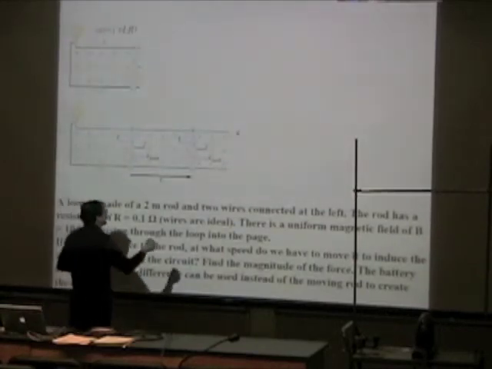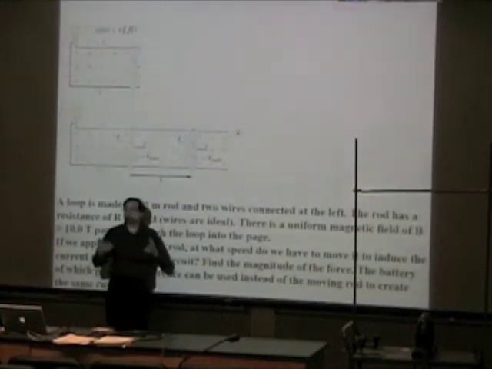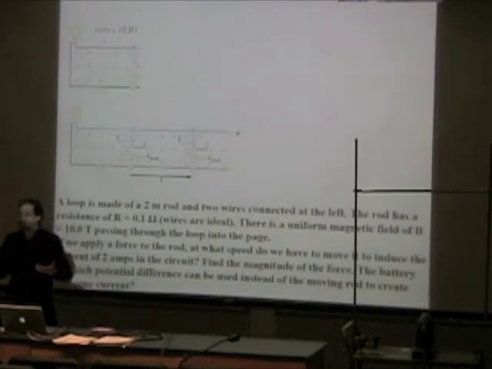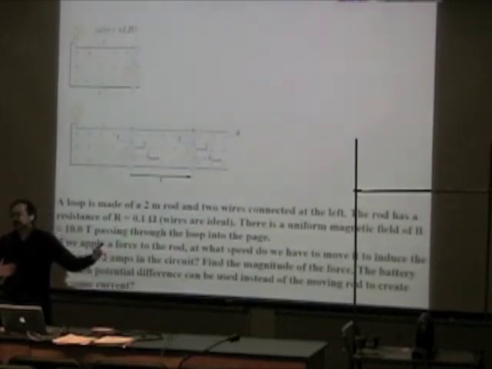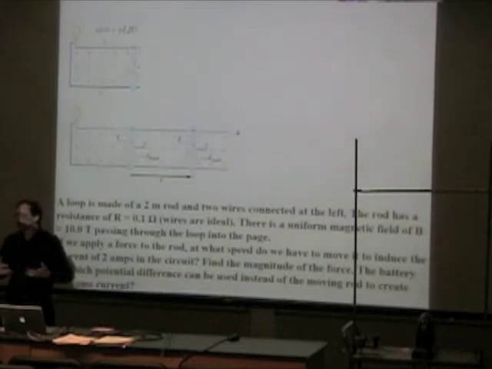And of course, when the two forces cancel each other out, the net force is 0, acceleration is 0, and the rod is moving with constant velocity. For that velocity, the name is terminal velocity. It's a similar situation you studied in 105 class.